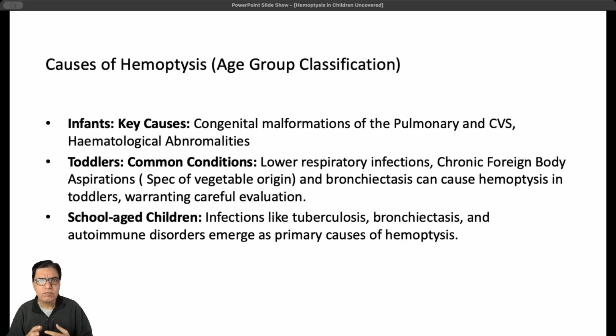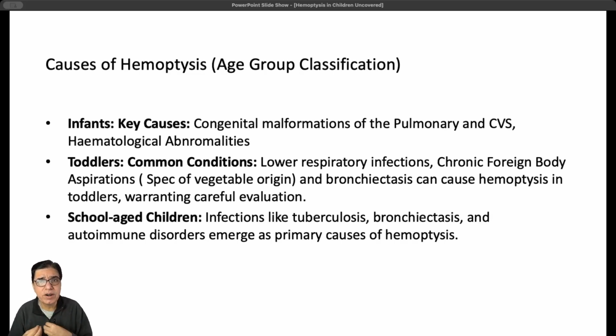Now, remember the small age groups, that is the neonates and infants, and the toddlers. They do not have much developed musculature of the chest, so it's not easy for them. They do not have that tussive power to bring up expectoration. So even if they are coughing, that is not a high pressure cough where things can be propelled out of the respiratory tract. So even if there is a bit of hemoptysis, there are more chances that these children would actually swallow it.